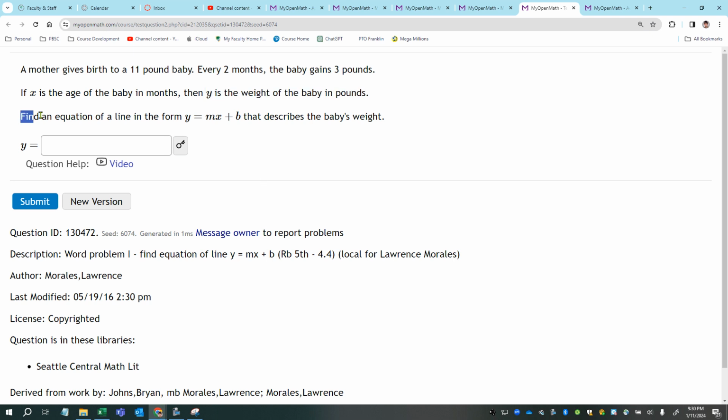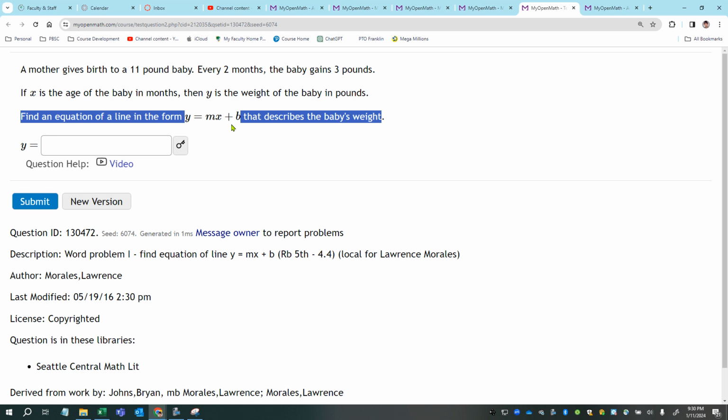Now we're supposed to find an equation of a line in the form y equals mx plus b that describes the baby's weight. A lot of us remember that equation if we remember nothing else from algebra.